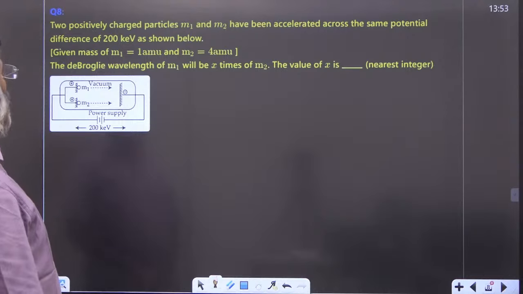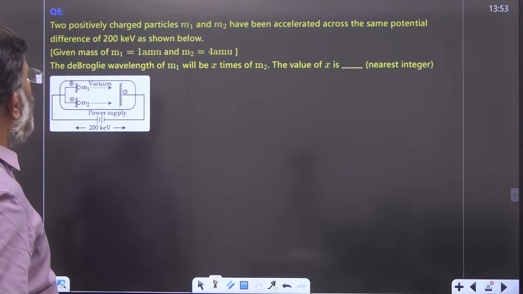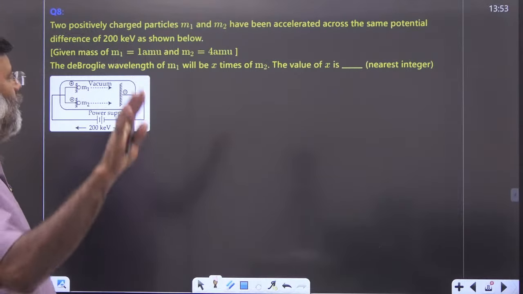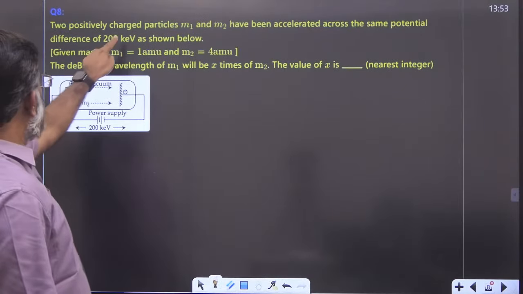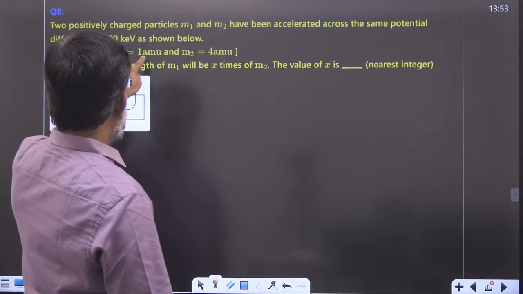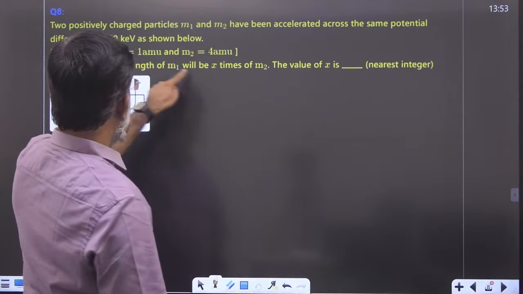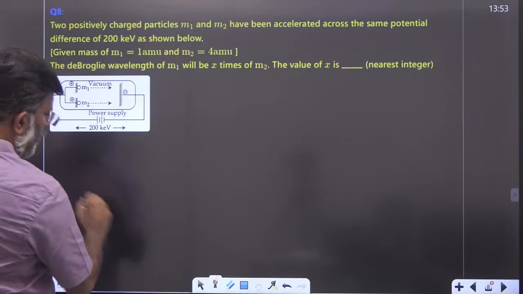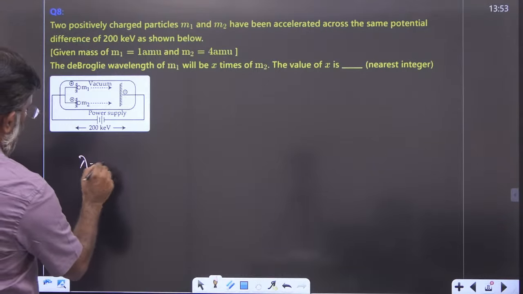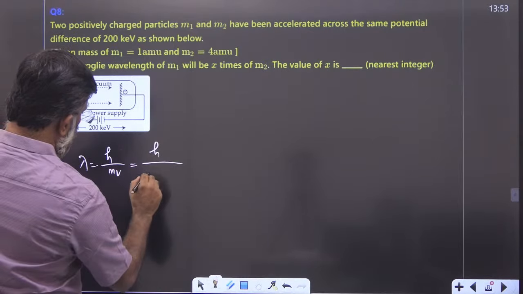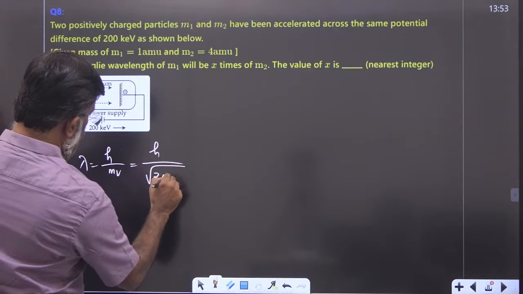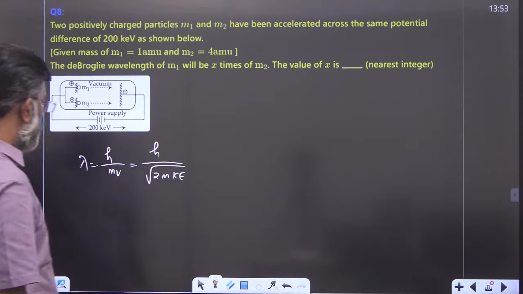Two positively charged particles M1, M2 are accelerated across the same potential. So this is the same potential. Mass here is 1, here is 4. The de Broglie wavelength, lambda equals h by mv, becomes h by root 2m KE. Hope you remember.